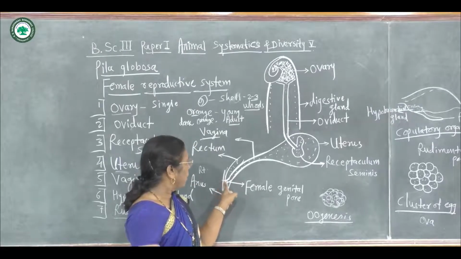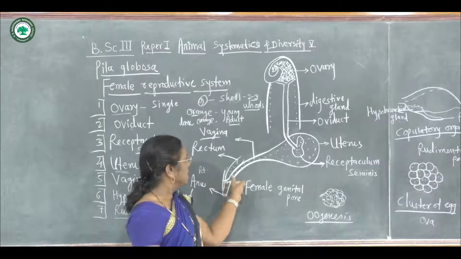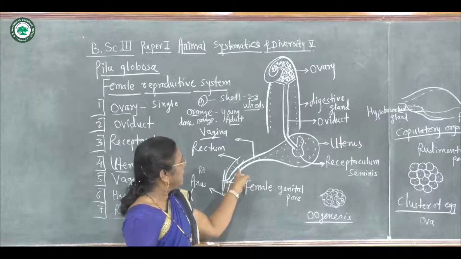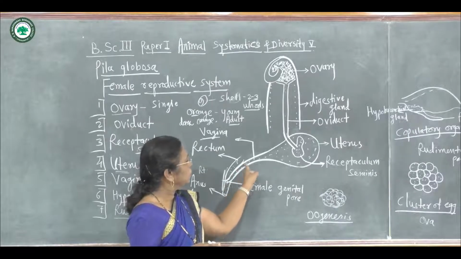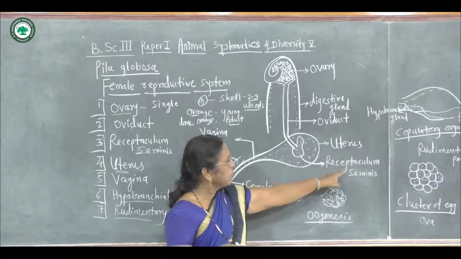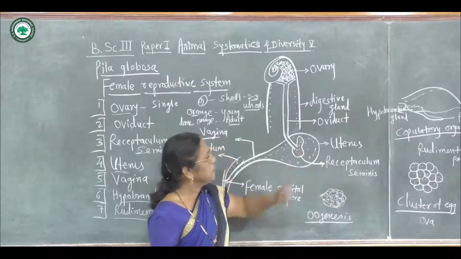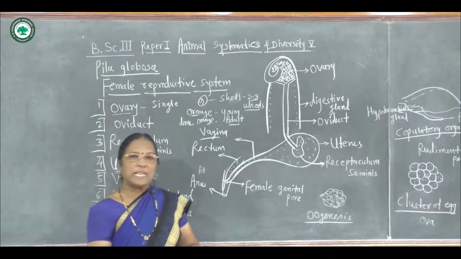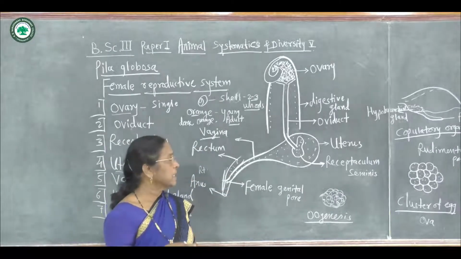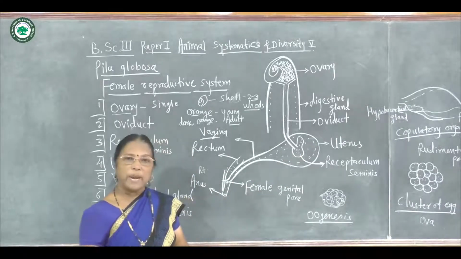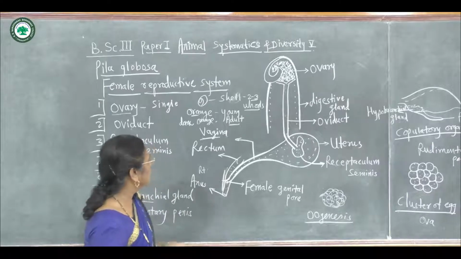The spermatozoa are discharged from the male during copulation. They then transfer through the vagina into the receptaculum seminis. The seminal receptaculum serves as the organ to store sperms received from the male during copulation.